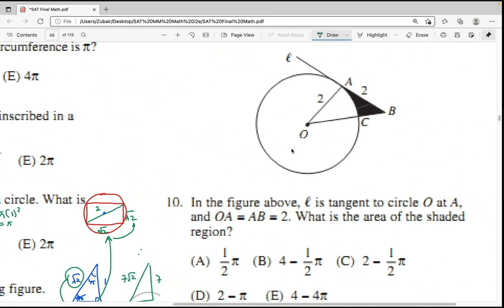Yes, it is C. Yes. And that sound of joy. Yes, sir, I got C. Very good.